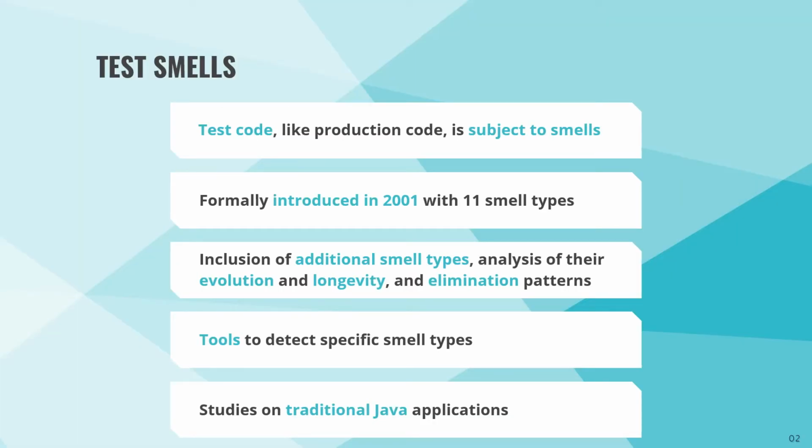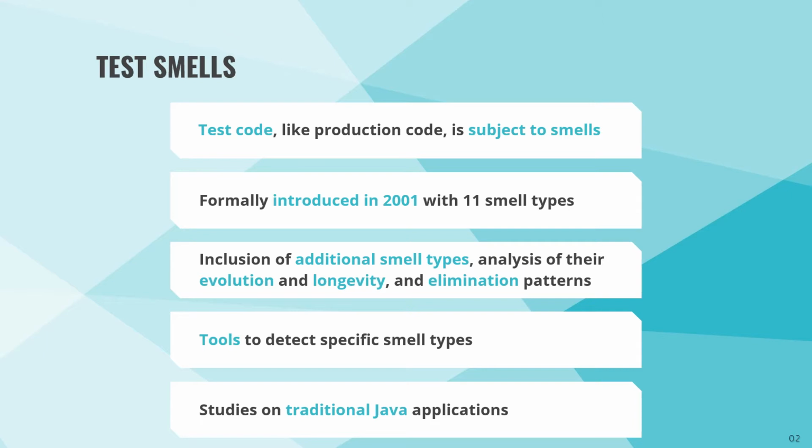Test files, like production files, are also subject to smells, or, in other words, bad programming practices, such as violations in XUnit guidelines and concepts. Test smells were first introduced in 2001, and throughout the years, researchers have been adding additional smell types to the test smell catalog.